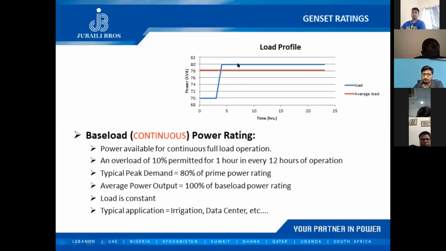So ideally, if we look at the graph, this horizontal blue line and the horizontal red line should be coinciding, should be aligned. But I left this gap just for you to visualize clearly. So you see here, my average is not exceeding 80% of the prime.